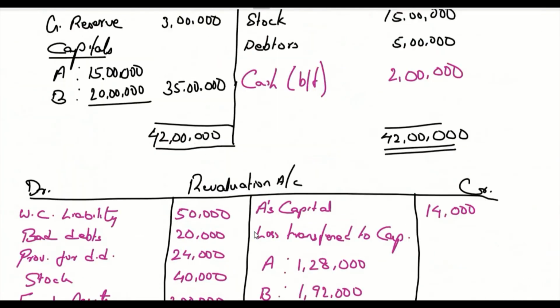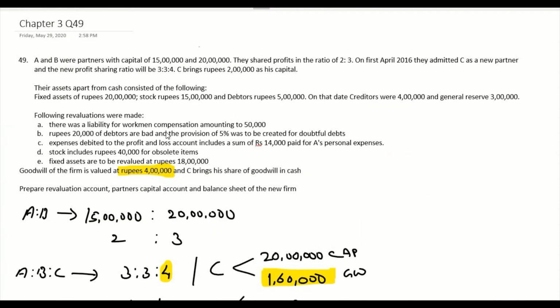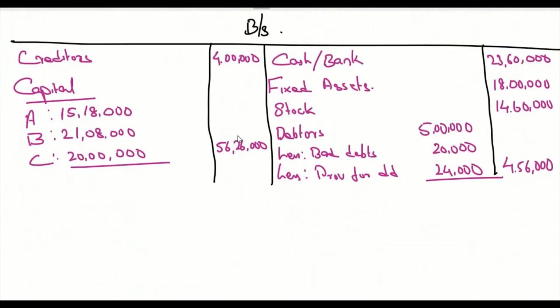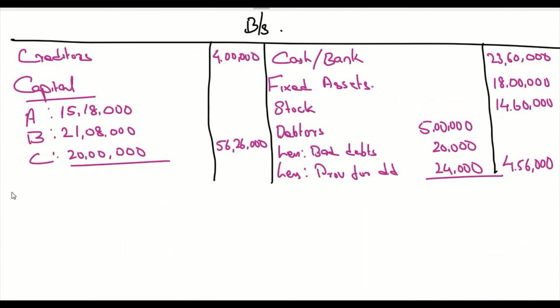Then the first adjustment says that there is a new liability for workman compensation claim amounting to 50,000. So we need to put that workman compensation claim 50,000.